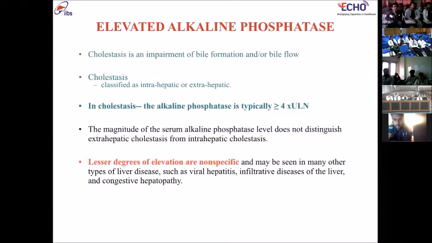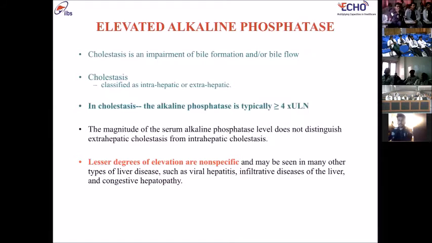Features of cholangitis are usually seen in extrahepatic rather than intrahepatic, and pain, fever, and lump usually point towards an extrahepatic cause of cholestasis. In cholestasis, ALP levels are usually more than 4 times the upper limit of normal; however, there is no level of ALP which distinguishes between intrahepatic and extrahepatic cholestasis.